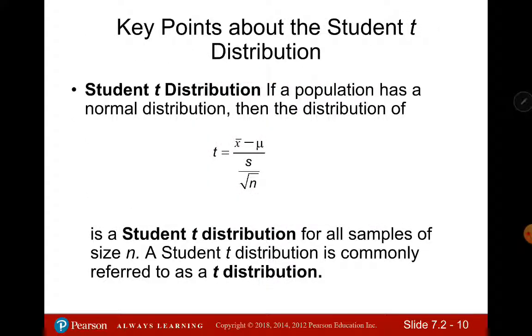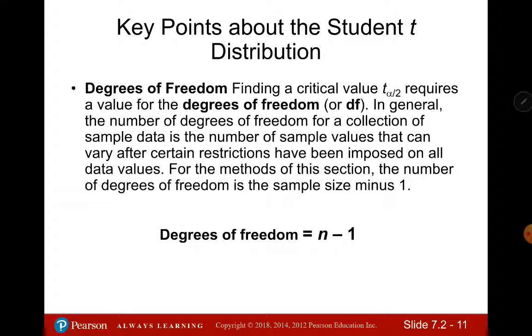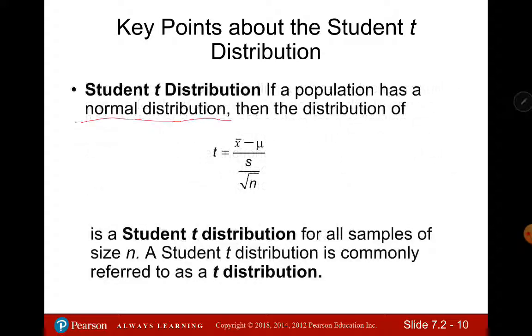Let's see what the student t distribution is, because it's a new distribution, right? Student t is still a normal-shaped distribution, but it has some important properties.